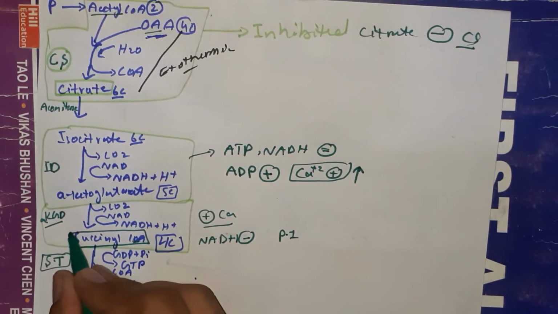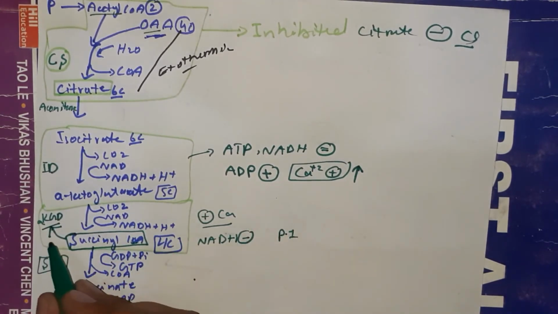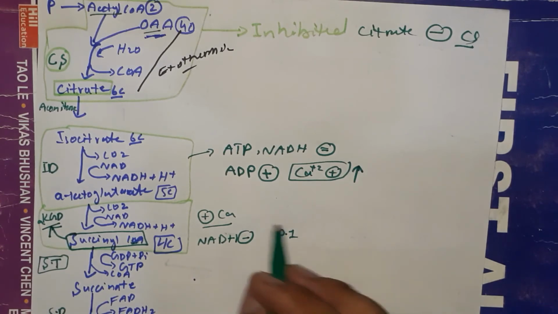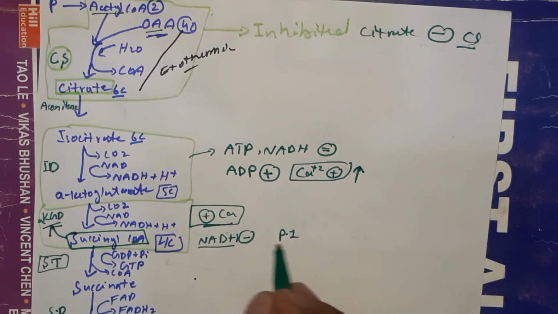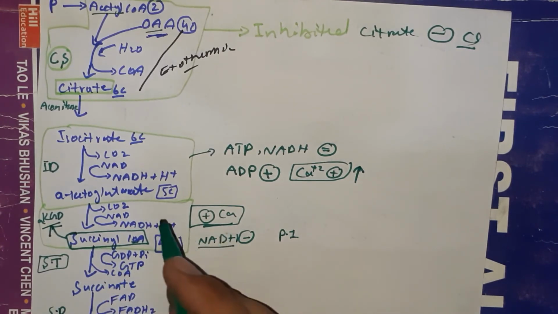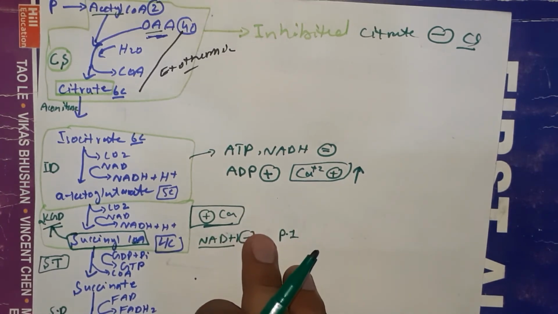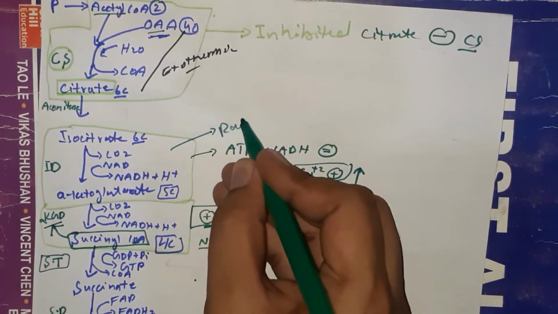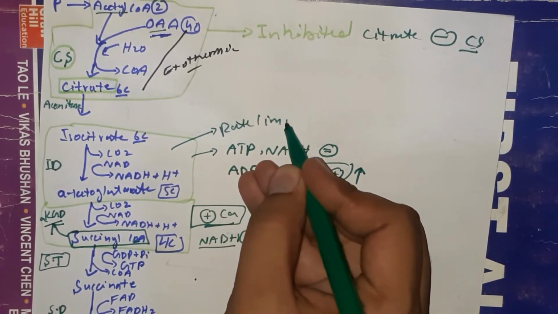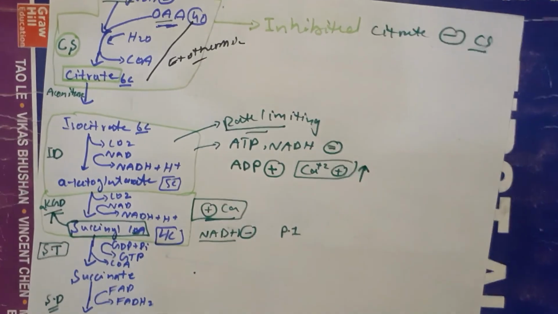This succinyl-CoA also inhibits alpha ketoglutarate dehydrogenase enzyme. So it is stimulated by calcium and inhibited by NADH and succinyl-CoA. So this is the regulation at 3 steps of the TCA cycle, and the rate limiting reaction is this one, as this is the slowest reaction of this pathway.